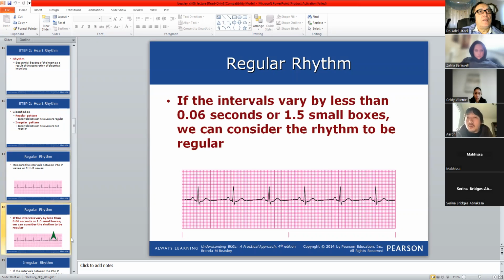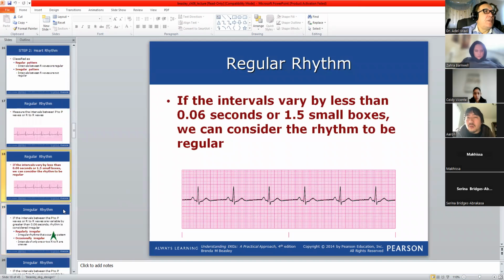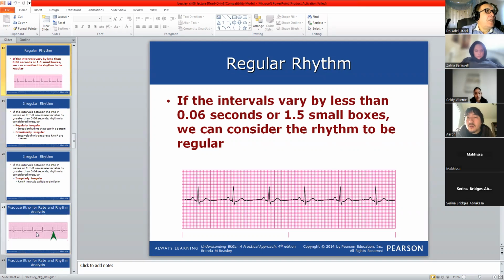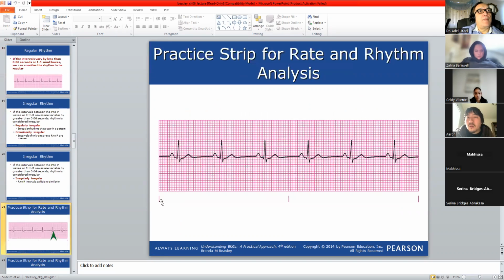Okay. Let us look for another one. What do you think? Regular or not regular? Regular. Very good. And this one is regular. What is the heart rate here? 60 beats per minute.